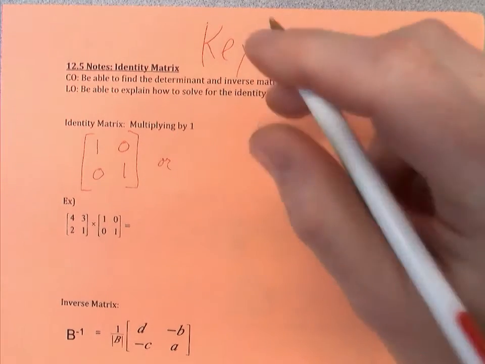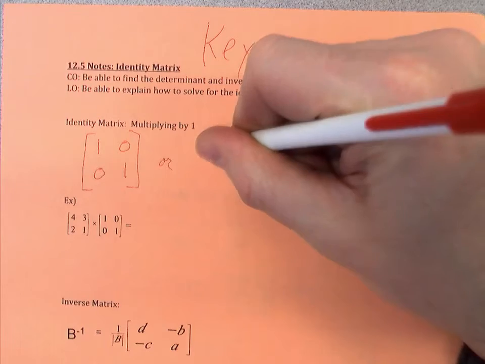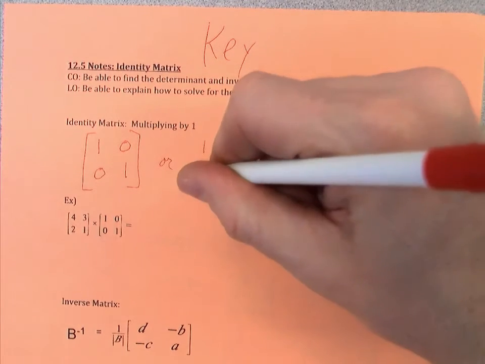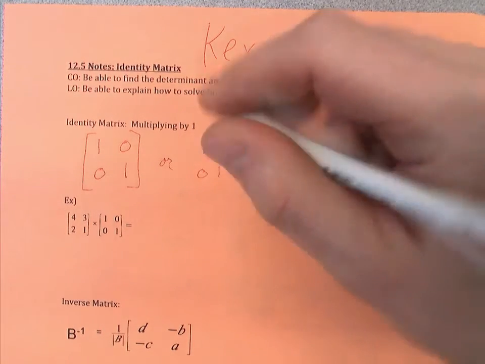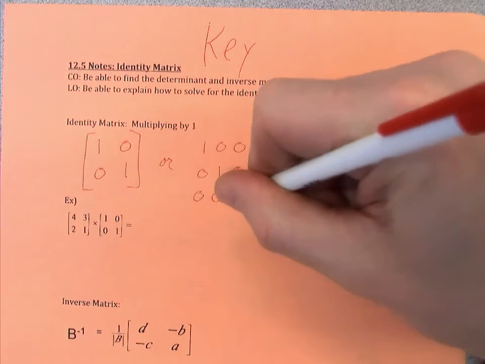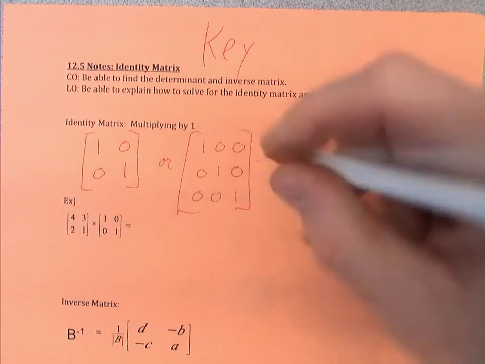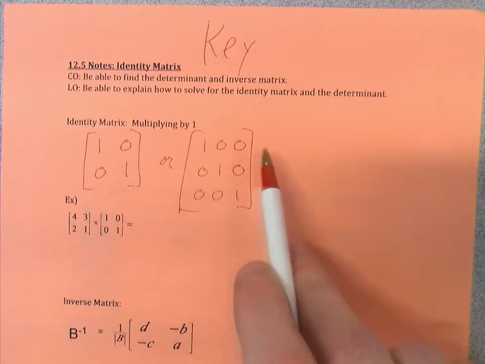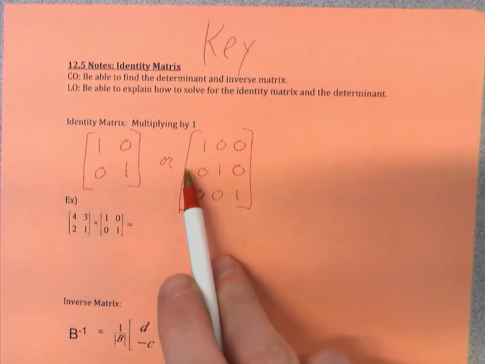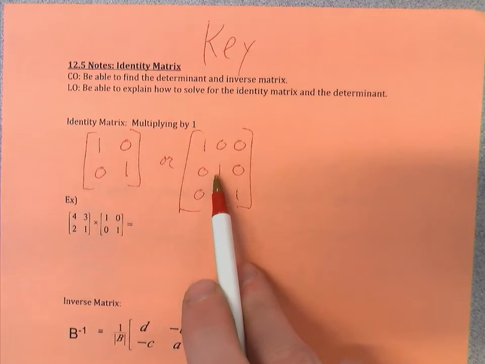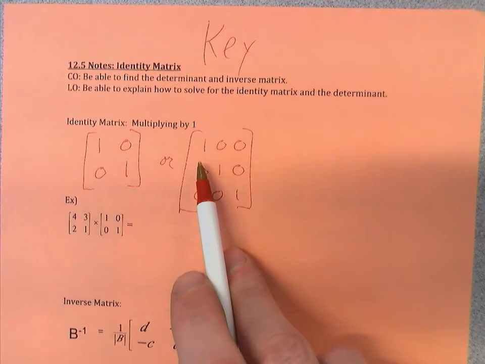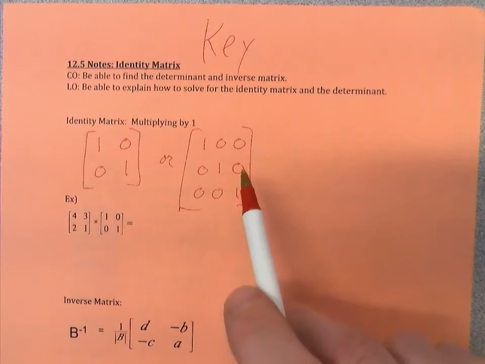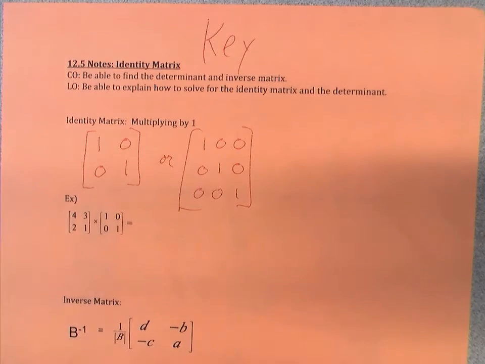Or maybe 1, 0, 0, 0, 1, 0, 0, 0, 1. Notice that each row has the one place over from where it was in the last row. And we could keep doing this for a 4x4 matrix or a 5x5 matrix.